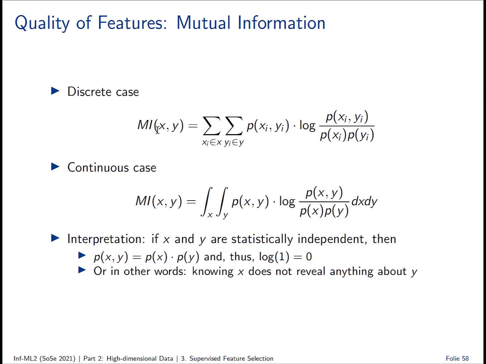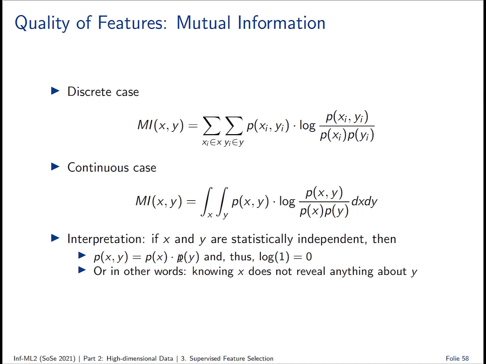So let's have a look at the discrete case. If x and y are statistically independent, meaning that there is no correlation between them, which is the worst case, then the joint probability can be computed by just multiplying the marginal distributions.